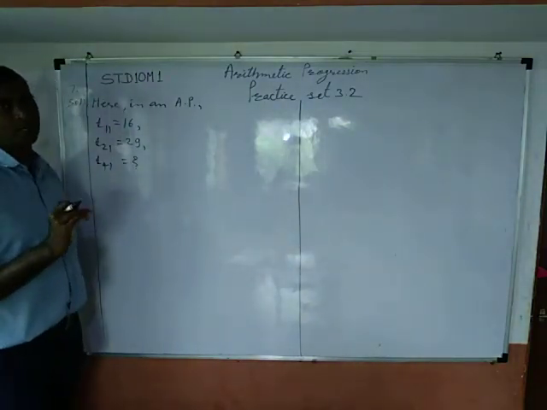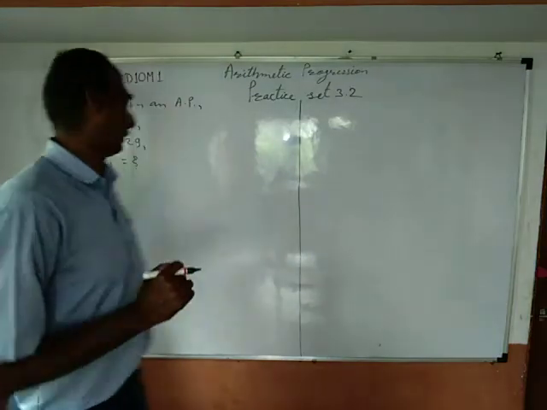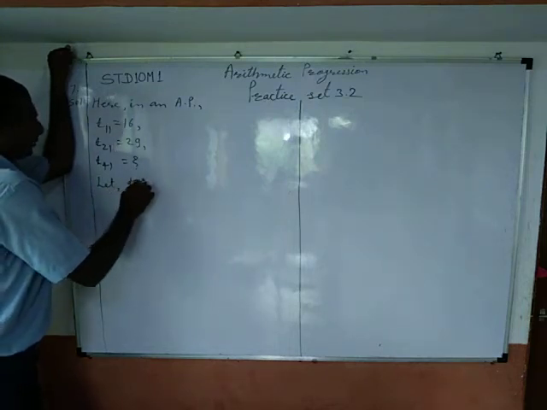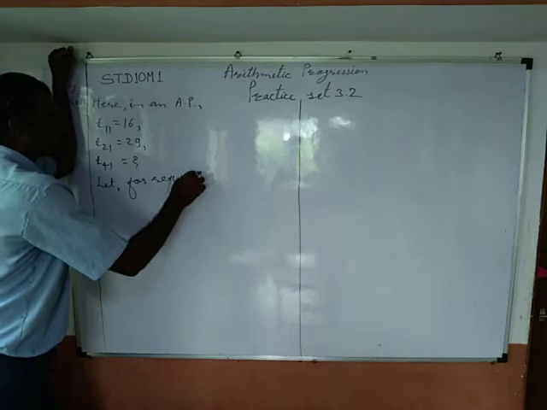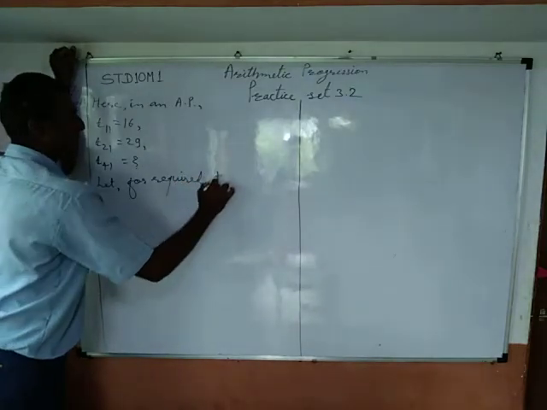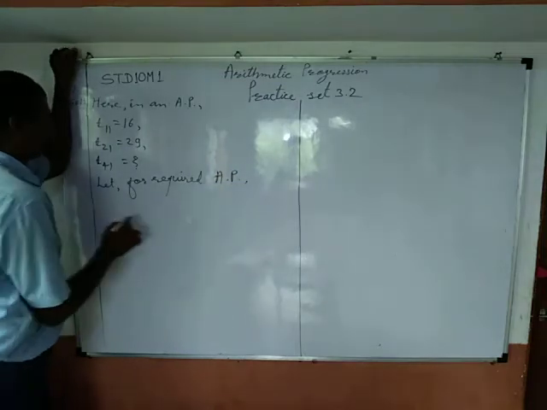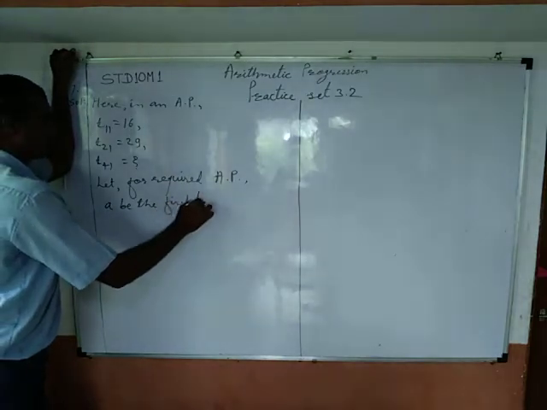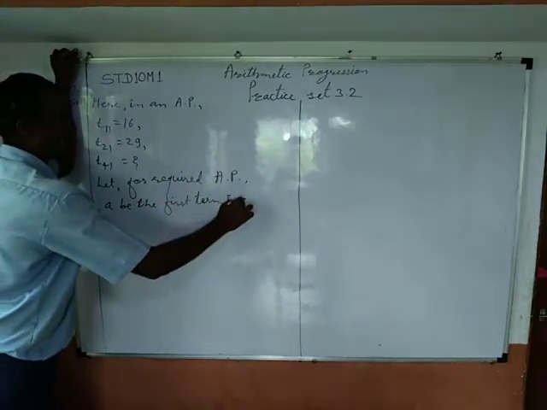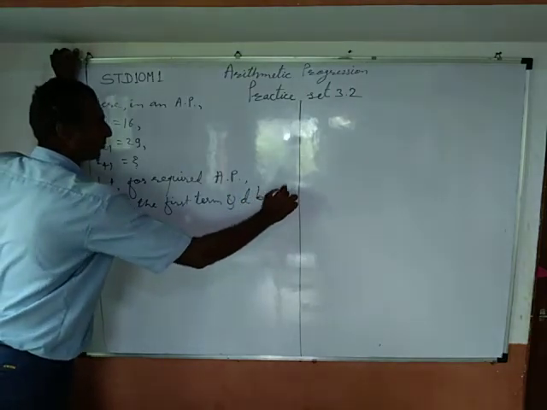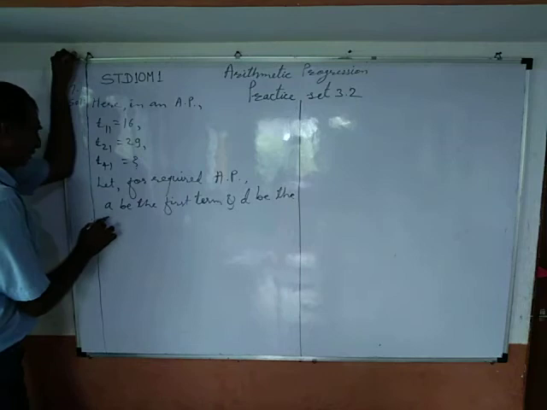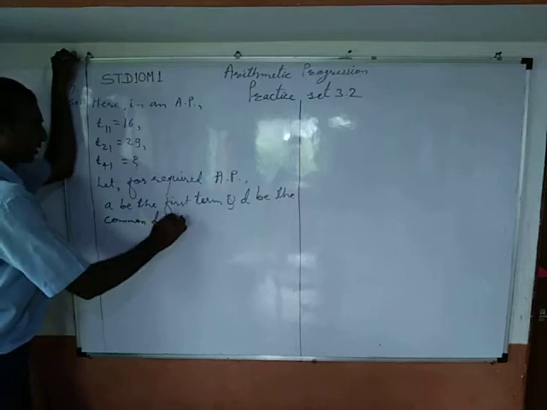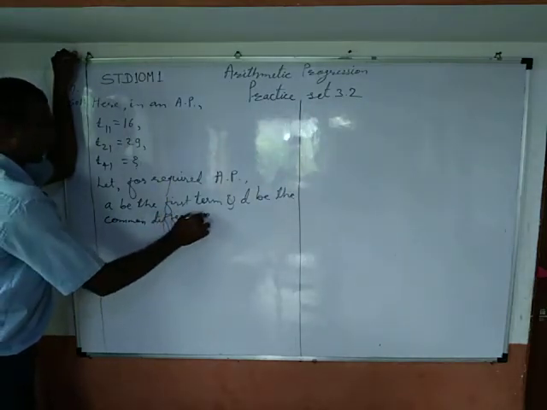Corresponding Tn we can find. Okay, let A be the first term and D be the common difference for the required AP. That common difference is always constant in the case of an arithmetic progression.